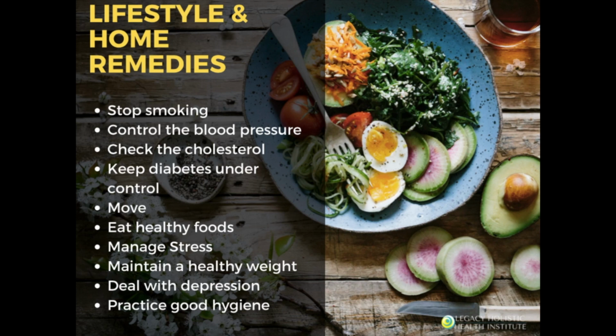Eating healthy foods and keeping healthy foods around you, especially things like whole grains, fruits, and vegetables, things that are low in saturated fat, cholesterol, sodium, and added sugar, can help control the weight, the blood pressure, diabetes, and even the cholesterol.